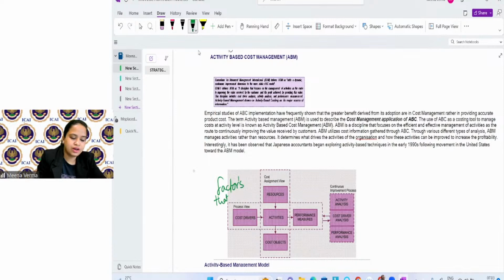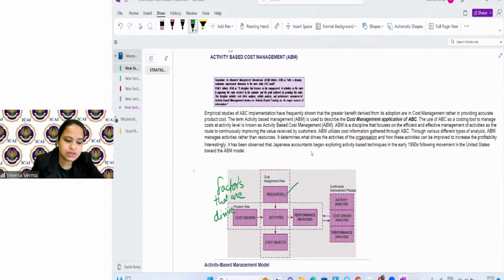It means if the cost driver changes, the cost will change. These are the factors which drive the cost. For example, the area occupied by different products. If the area occupied by different products changes, the rent cost will change. The point is that these are cost drivers, also known as the factors that are driving the cost.